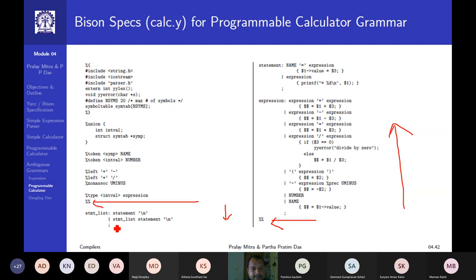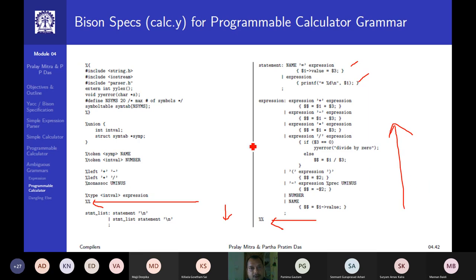Statement colon statement \n, and statement list statement, these are two production rules, 1 and 2. Then name equals E, or id equals E, corresponding to that $1 redirects to value equals $3. These things we discussed in the last class. The implementation in Bison is the same as we did yesterday. Only the non-terminals in the production rule have changed. Accordingly, the text in the Bison program will also change.